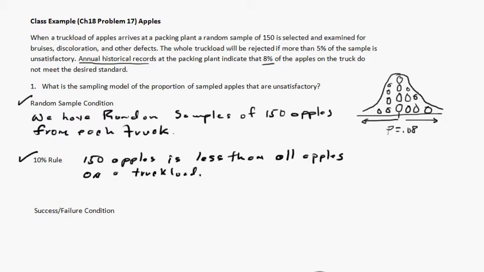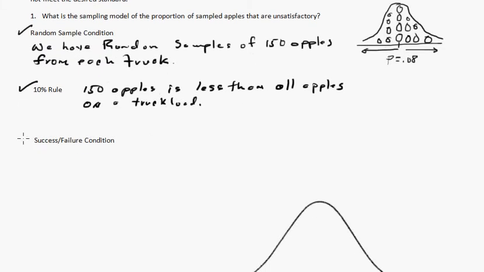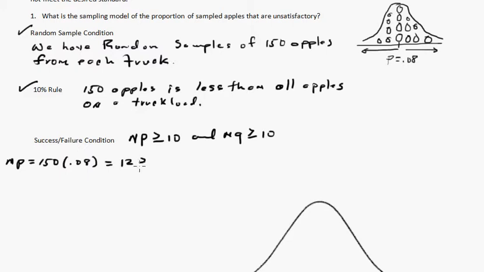Okay, and then success/failure, there we have to test that. We want to know if n times p is greater than or equal to 10 and n times q is greater than or equal to 10. We have to check that. So n is 150 and p is 0.08. So np equals 12, and that's greater than or equal to 10.